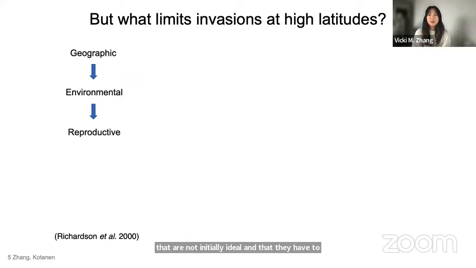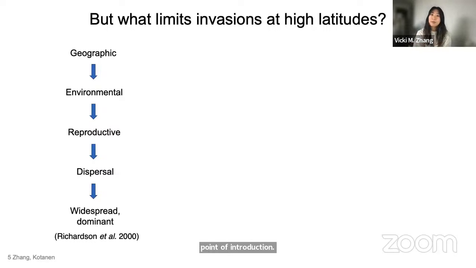After that, a species might face reproductive barriers where they aren't able to reproduce or produce viable seed and instead might persist vegetatively or clonally. There are also barriers to dispersal, so a species might be unable to physically move past its initial point of introduction. It's only when a species has moved past all of these barriers that it might be considered widespread and dominant.